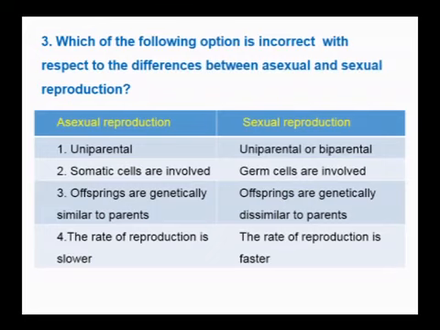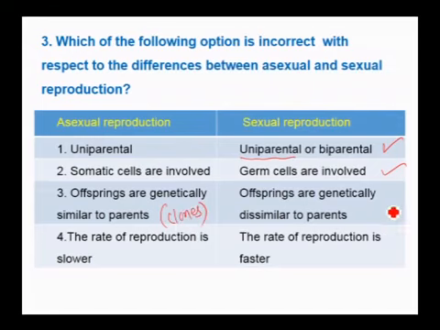First option, asexual reproduction is uniparental, whereas sexual reproduction is uniparental or biparental. When you consider uniparental, it is also possible because in hermaphrodites, sexual reproduction may take place. Monoecious or hermaphrodite, therefore it can be uniparental or biparental. Somatic cells are involved, germ cells are involved, this is also correct. Offspring are genetically similar to parents, and they are similar, so they can be called clones here.